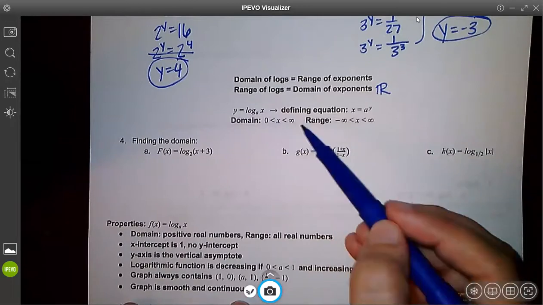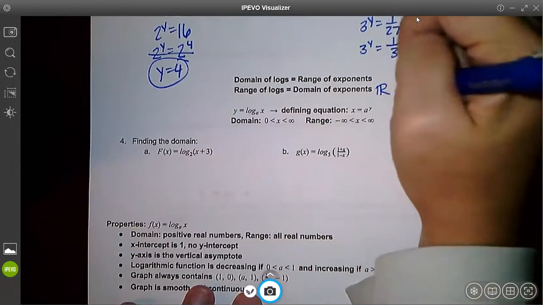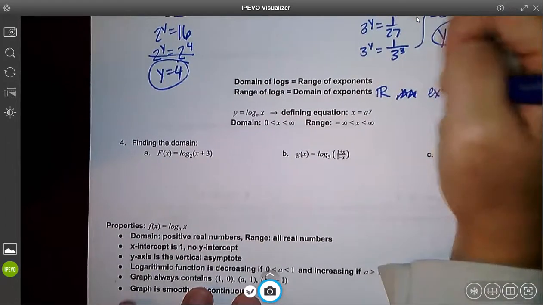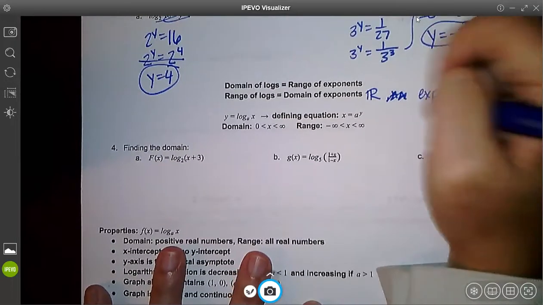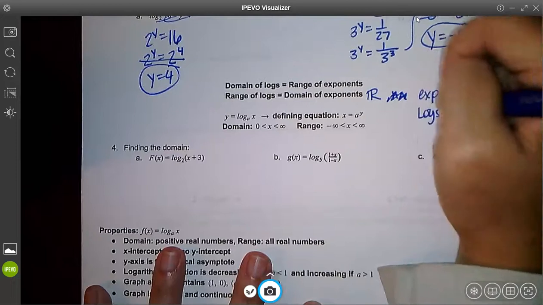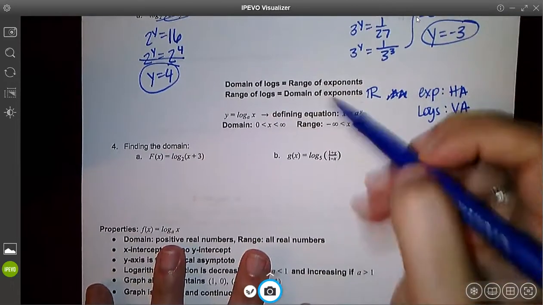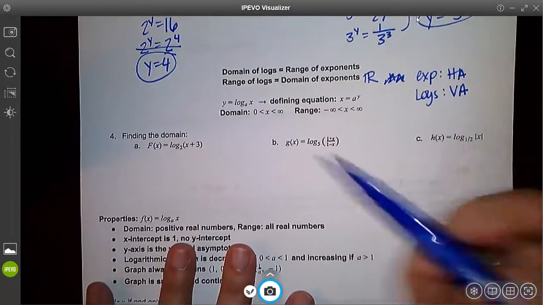Domain is going to be from 0 to infinity, whereas exponents had a horizontal asymptote. Exponents have a horizontal asymptote. Logs are going to have vertical asymptotes. Just the opposite of what you started with, where you switch x and y, so that's how that works.